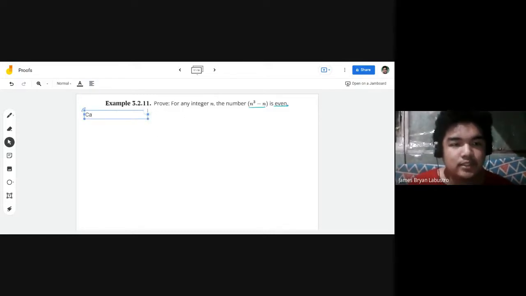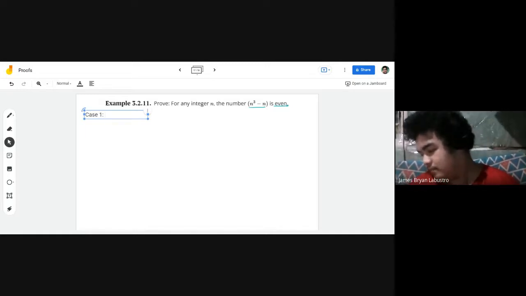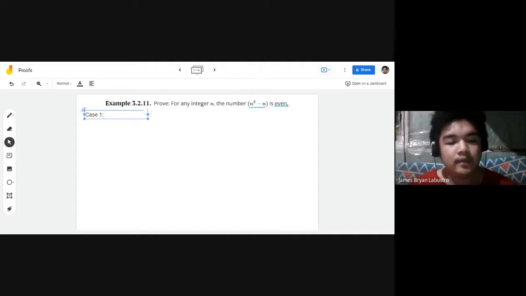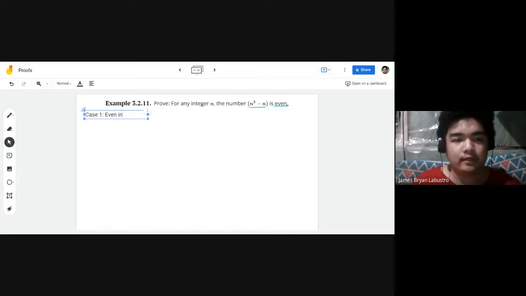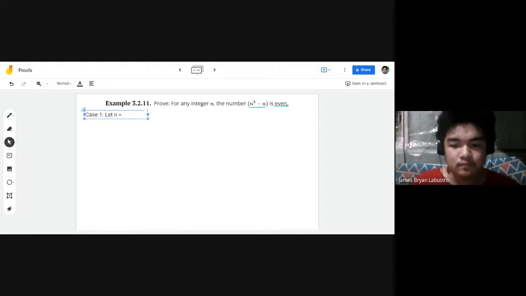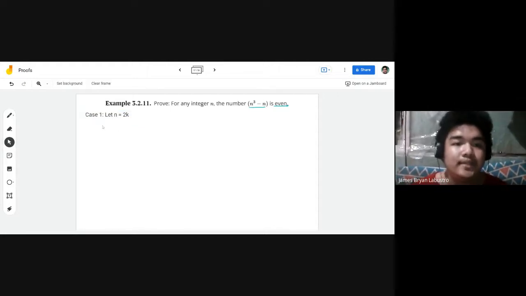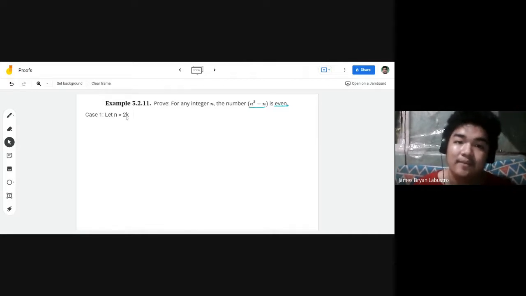We have case one: let's say an even integer. Let n equal 2k. So it seems that we're going to locate an even number, because 2k is even, right? So we're going to prove that this statement is even.